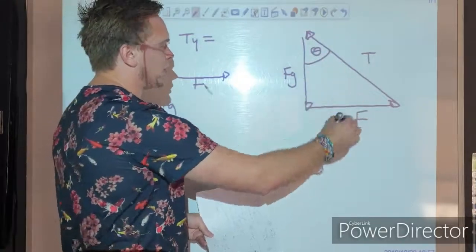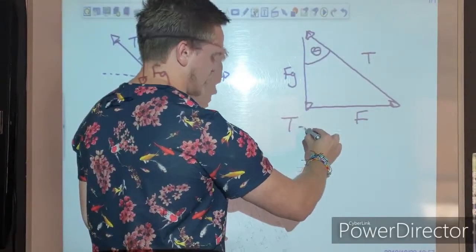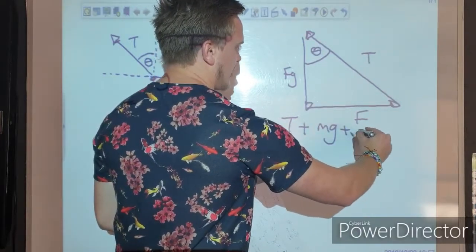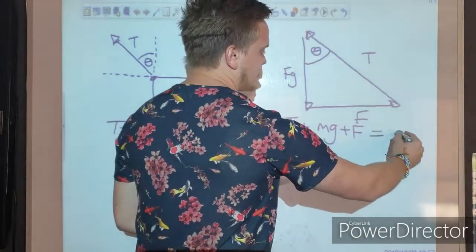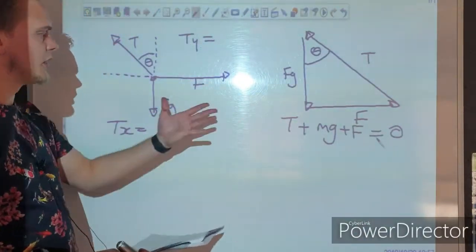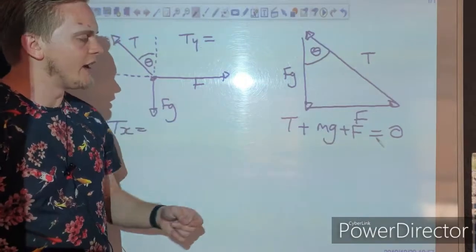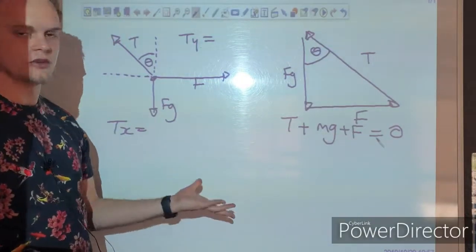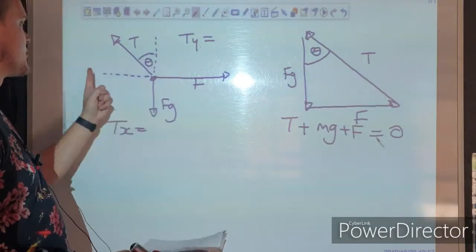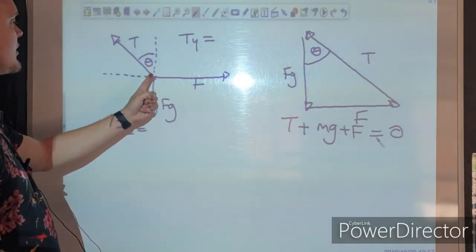Obviously all these forces, the tension plus our Fg, which is basically mg, plus our applied force, will all be 0 because it's in equilibrium. Then you want to check if we have an option of that, and you'll see there's no option like that.